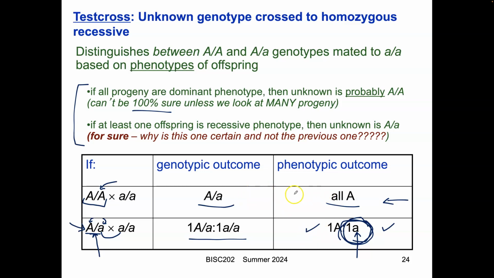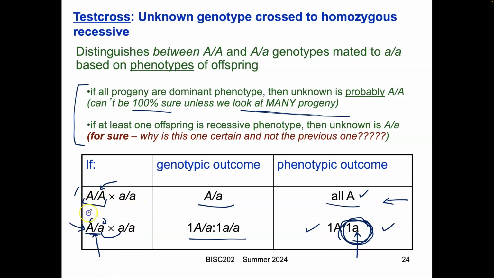And so here it's more a case of the large number of progeny. Every time you see another individual progeny that has the dominant phenotype, it makes it less and less likely that this individual was heterozygous, but the probability is never 0, okay?